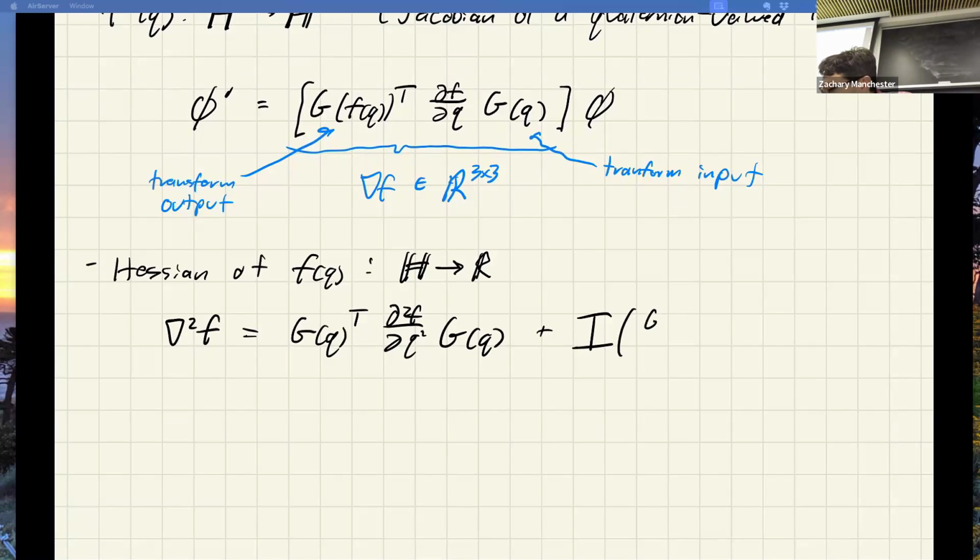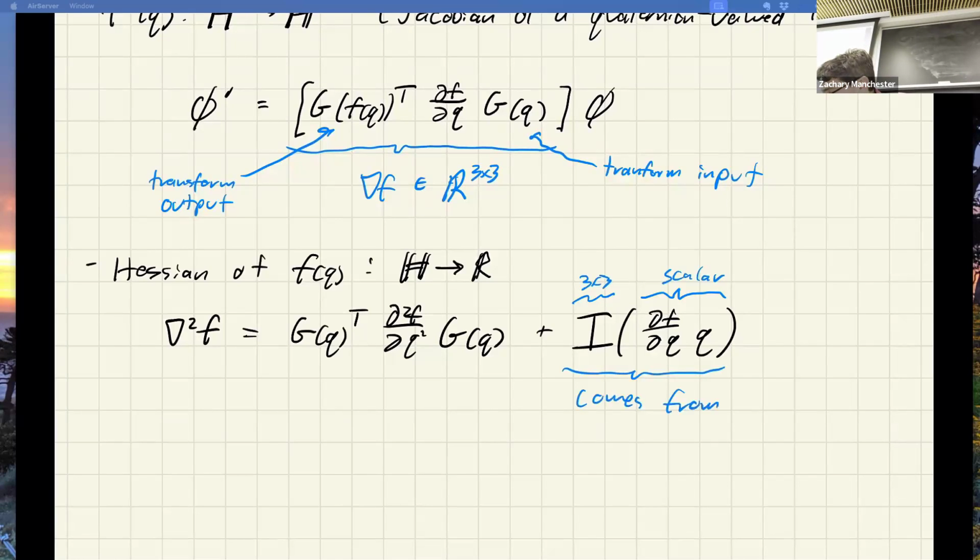And this looks like this. So this is a 3x3 identity, and this whole thing's a scalar. And this term is coming from this partial G, partial Q, the next derivative of that attitude Jacobian thing.